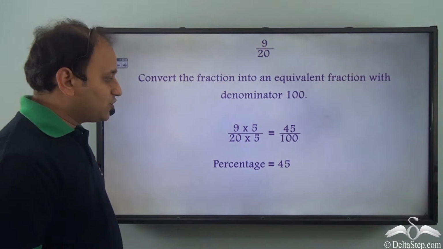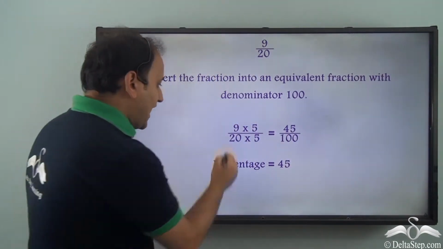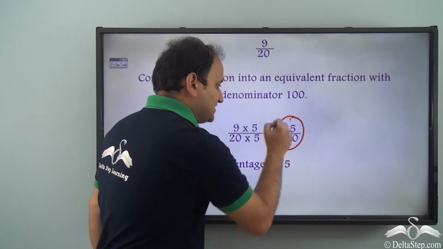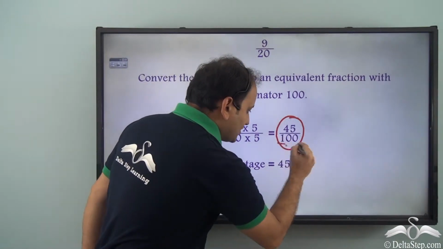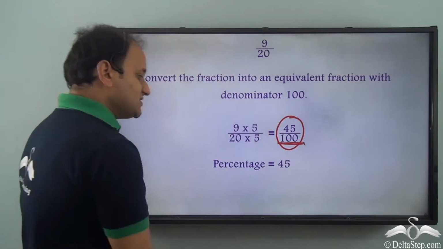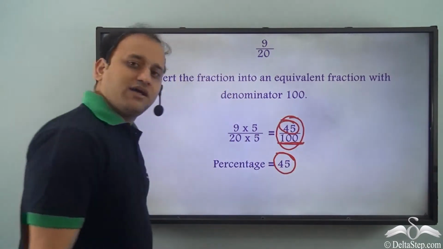And when we do that, what do we get? Well, 9 into 5 is 45 and 20 into 5 is 100. So we have this fraction where the denominator is 100 now. So percentage is 45, which is the numerator in this case.